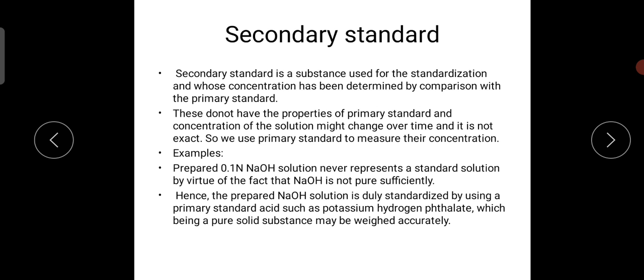It is a pure solid substance because it is a primary standard, so it can be weighed accurately and we can do our titration. So mainly we don't go for a secondary standard. We use only a primary standard for the standardization process because it is pure compared with a secondary standard.